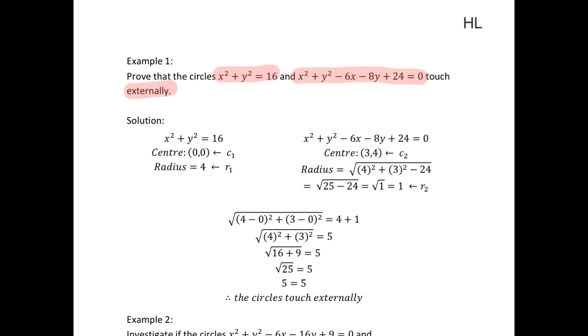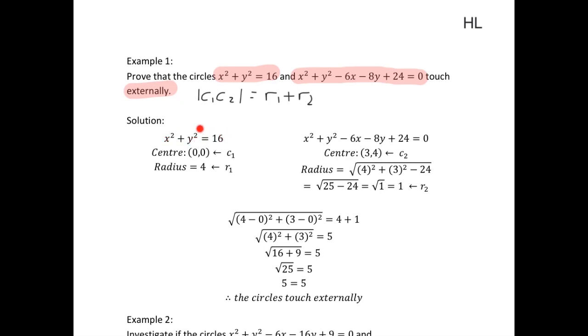So we want to show again that the distance between our two centers is equal to r1 plus r2, the sum of our radii. So our solution is to first find the centers and radii.